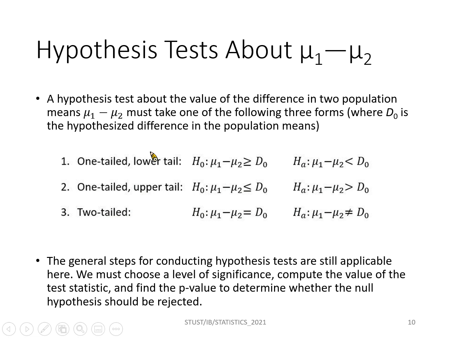Okay, so just like what we introduced in the one population or one group condition, hypothesis tests about two different populations can be expressed in terms of the difference of the means.